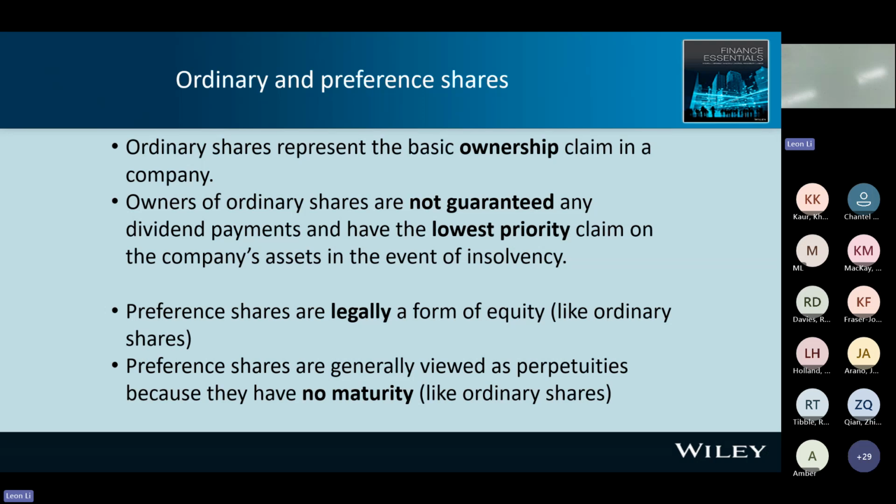Owners of ordinary share are not guaranteed any dividend payment and have the lowest priority claim on the company's assets in the event of insolvency. There is no guaranteed dividend payment because dividend is not an obligation to the company. If the company makes money, the company pays dividends.